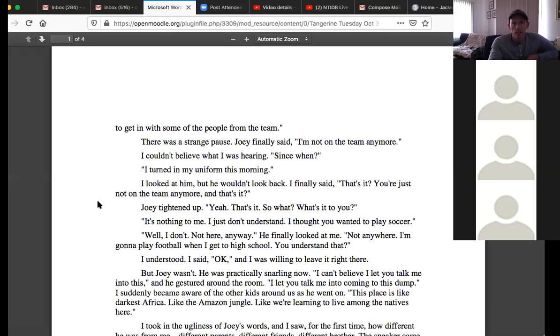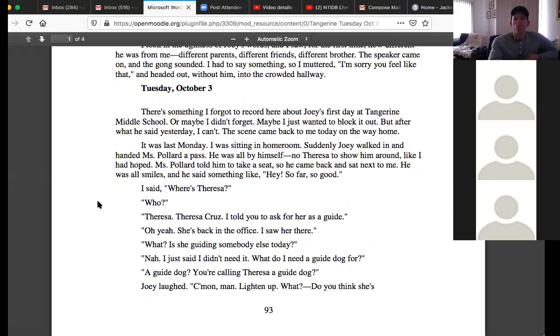Paul starts out talking about Joey's first day at Tangerine Middle School. That's kind of why he was saying some of the things he said when Victor was giving him a hard time. And in this chapter, he was in his homeroom, and he asked if the girl that had showed him around the school was helping Joey as well, and he said that he didn't need it, and he didn't need a guide dog.